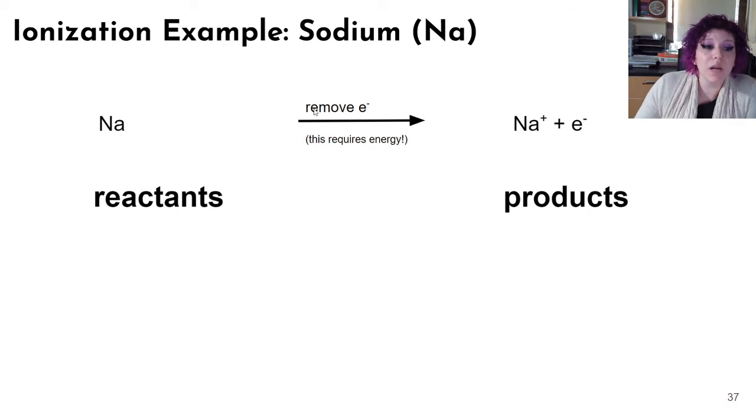Then we're going to have an arrow that represents that a chemical reaction is happening. And we have had some chemistry happen here. Our products here are Na+ plus an electron. And notice that I do give the little superscripts of plus and minus. In this case, that little plus means +1 because we've lost one electron. If we lost 2 electrons, it would be a 2+.